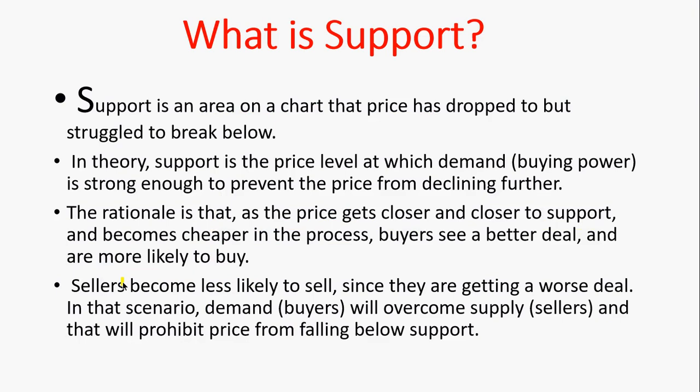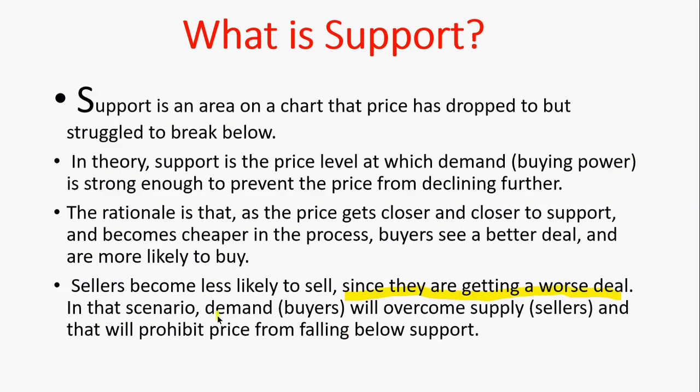They will be coming in power to buy. Now, the sellers will become less likely to sell. Reason why? Because when the price is approaching support, they are getting a worse deal because the price becomes cheaper. Hence, they will not make profit. So the sellers will begin to withdraw.